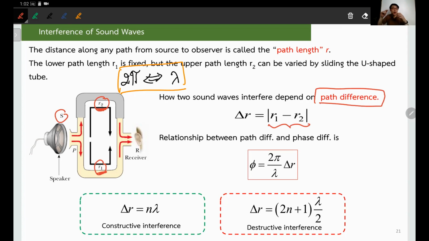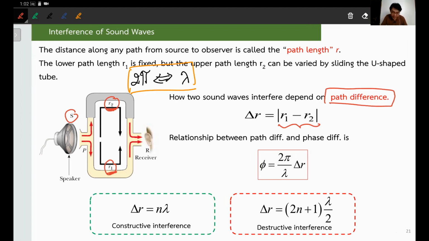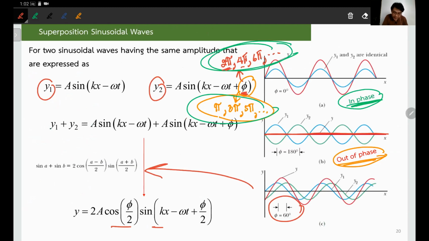When you have that difference in meters, I just want to convert that meter into radians, into phase. And all you need to do is just check if the phase hits an even multiple of pi. If it hits this, it's going to be constructive interference. If it hits an odd multiple of pi, you're going to get destructive interference.